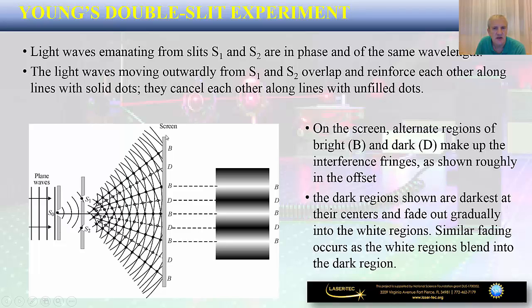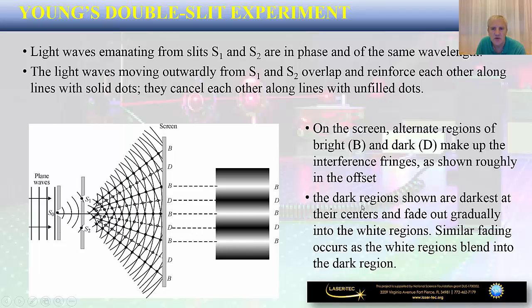So if you put the screen in the back, you'll see that you're going to have an alternate position of the regions of bright and dark lines that would make up so-called interference fringes that are also shown here on the right-hand side.